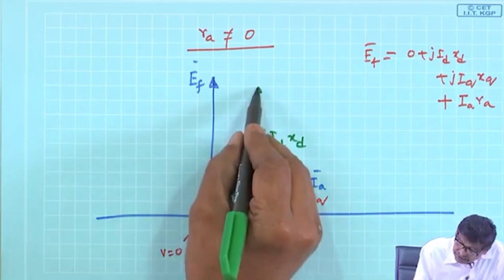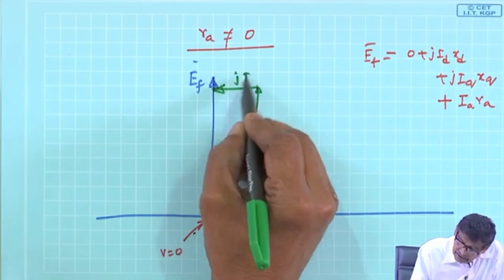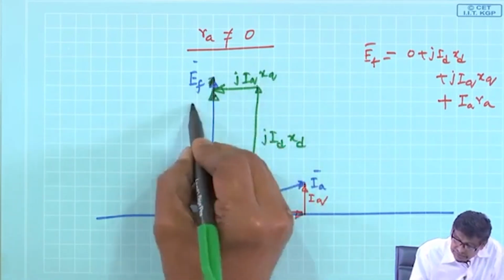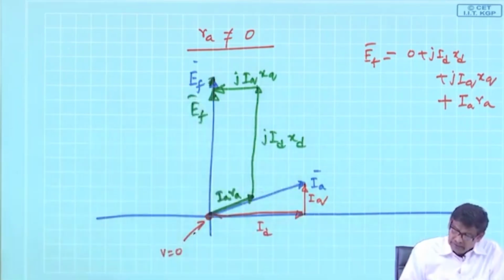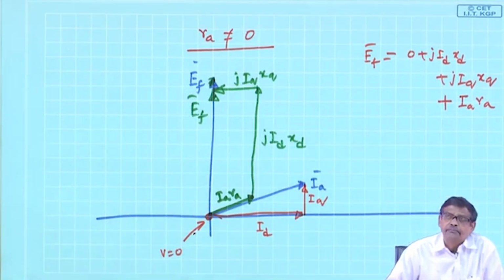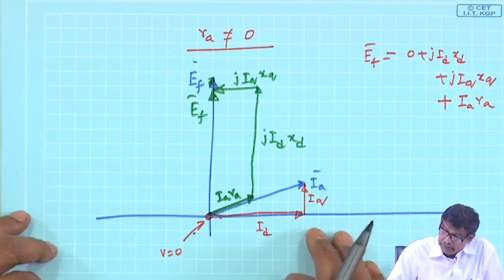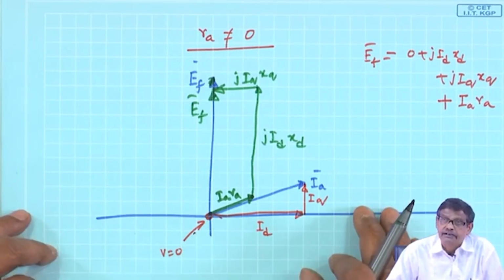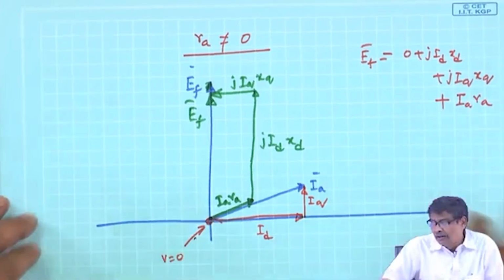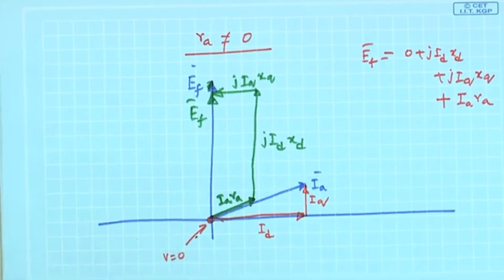And then j I q X q, and this is your E f. So, this will be the likely phasor diagram of a salient pole synchronous machine under short circuit conditions. Is that clear?